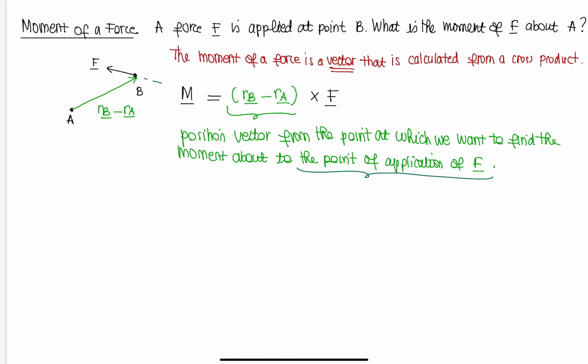We just need to find the position vector to some point along the line of action of F. So forces are typically sliding vectors, and whatever component the position vector has parallel to F is not going to enter into the cross product, right?